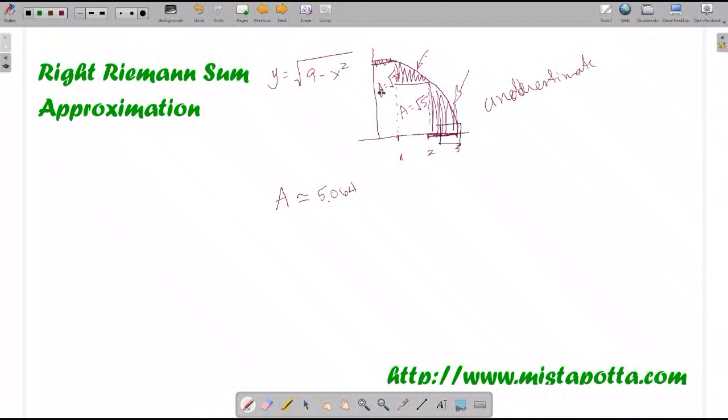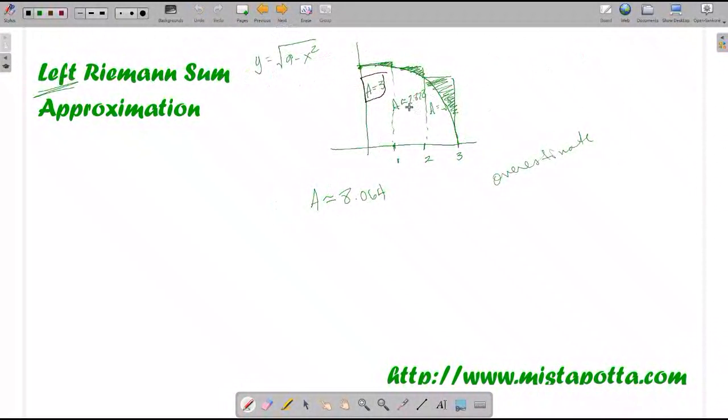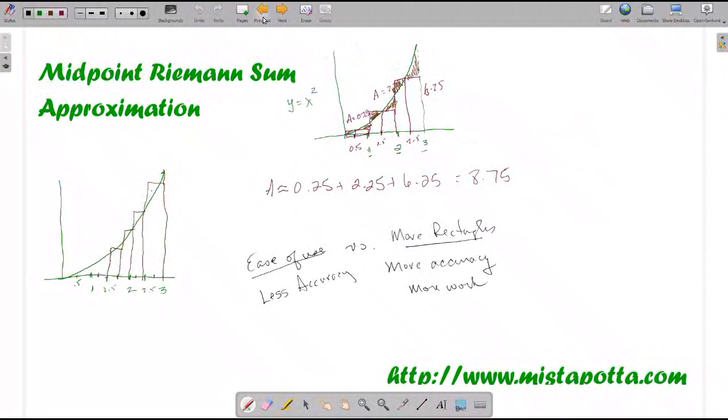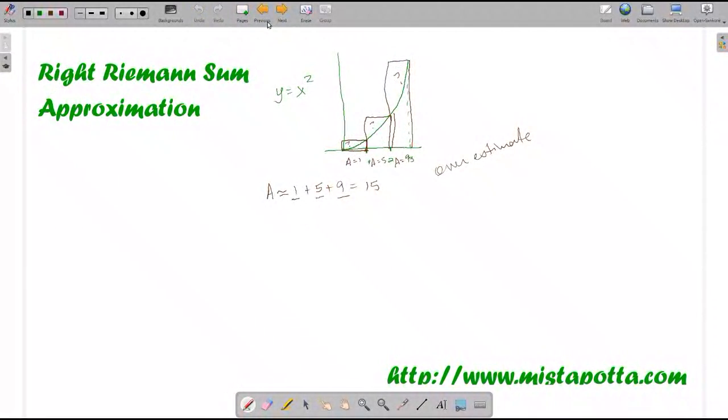Notice that this rectangle and this rectangle, my middle rectangles here, are the same for each of these. They're just translated one interval over. And that was true also of y equals x squared.